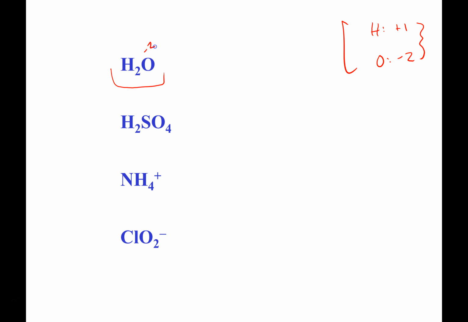So -2 for the oxygen and a +1 for each of the hydrogens. You should never, within the same molecule or polyatomic ion, have atoms of the same element that have different oxidation numbers. It's possible to have atoms of the same element on the reactant side or on the product side that have different oxidation numbers, but they'll be in different species.